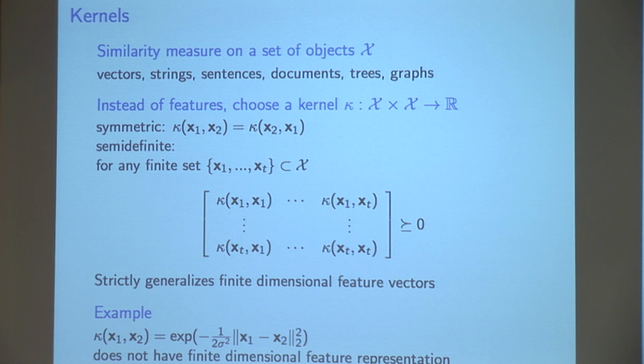That matrix is guaranteed symmetric because the function's symmetric, but if in addition it's positive semi-definite, that is, all of the eigenvalues are non-negative, then this is guaranteed to correspond to some implicit feature representation, and therefore can be applied in the previous setting.